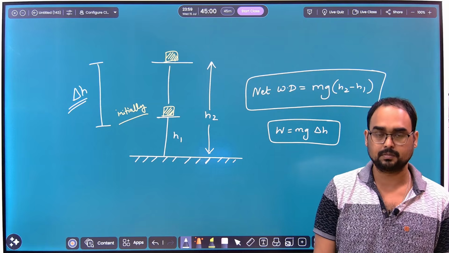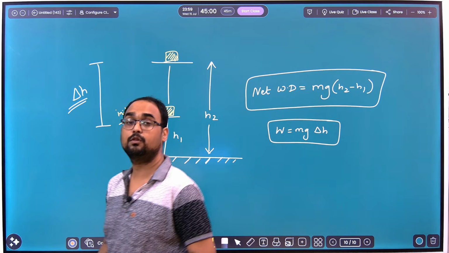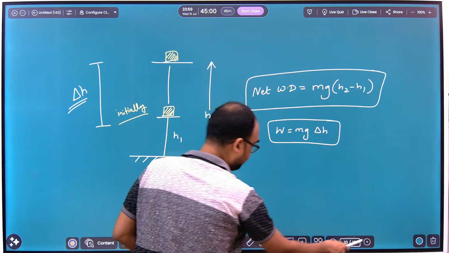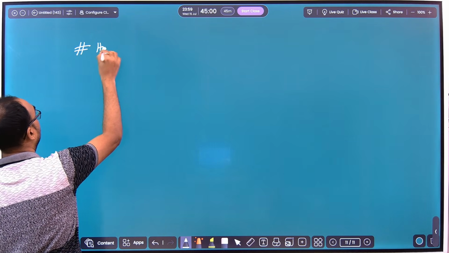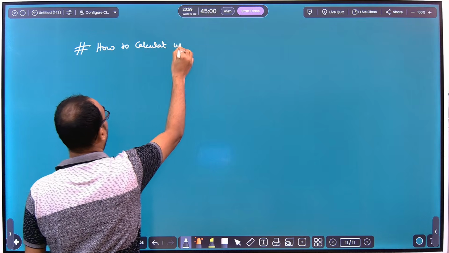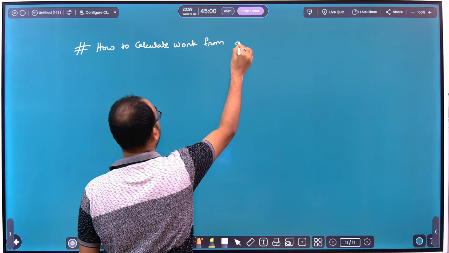Okay. Next, how to calculate work from a force versus displacement graph.